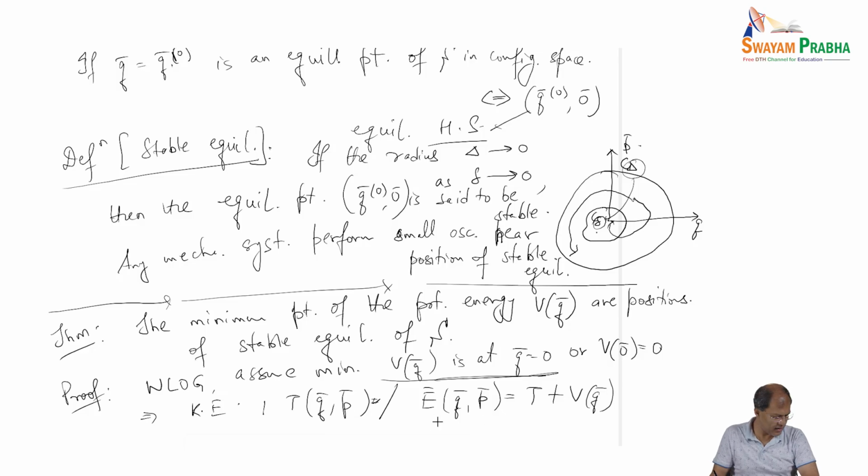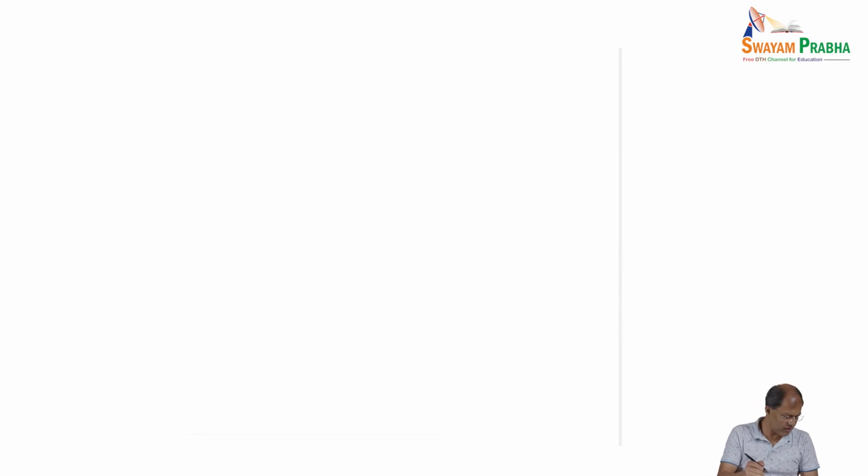Since the kinetic energy is going to be non-negative for P non-zero, and the minimum of the potential is 0, and the minimum of kinetic energy will also be 0, we expect that the minimum of energy will also be 0. So let me write this statement.